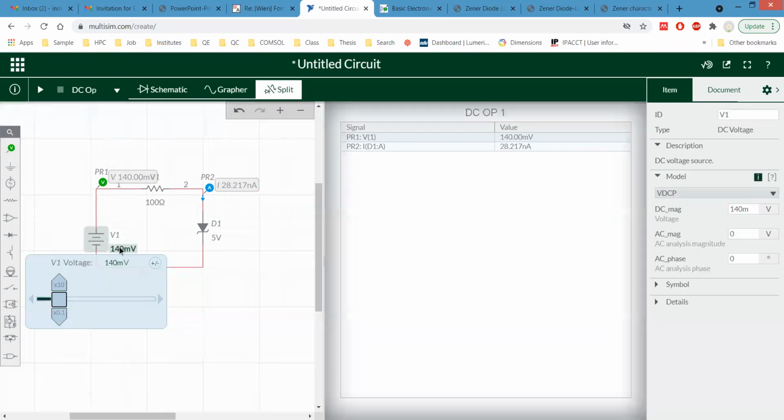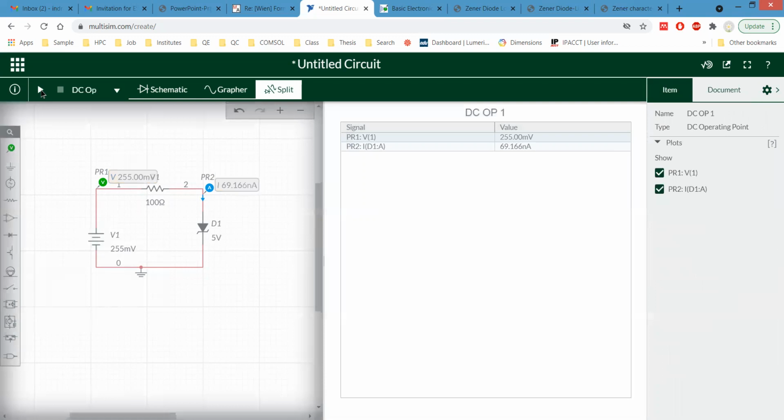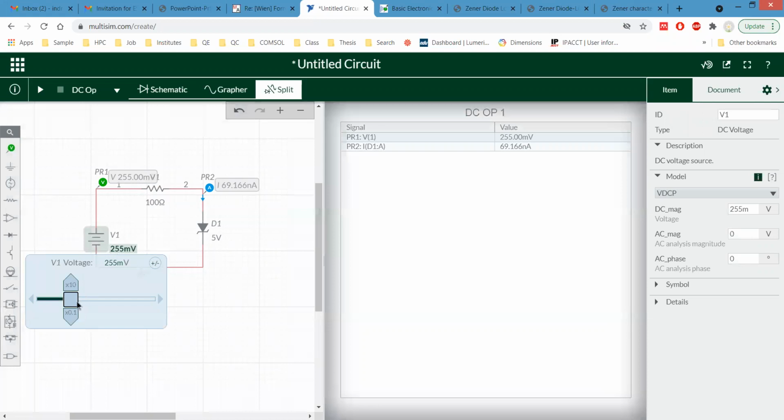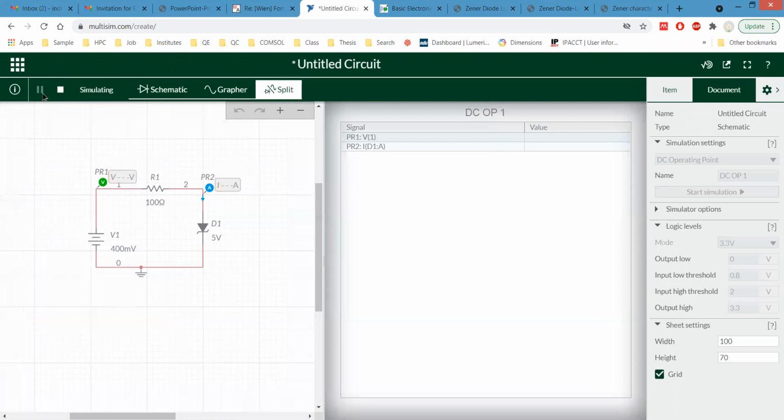Okay, now change the voltage further. Let's say 250 millivolt. For 250 millivolt, the current is 69 nanoampere still. Okay, now change it to 400 millivolt, and let's see the value.